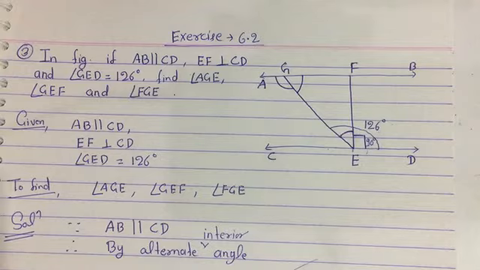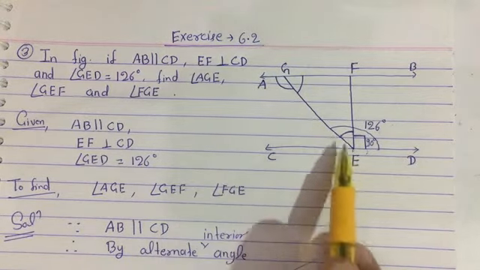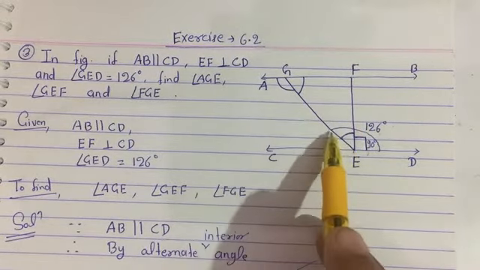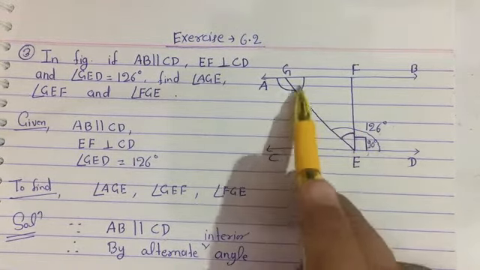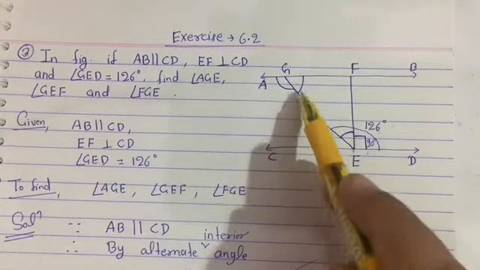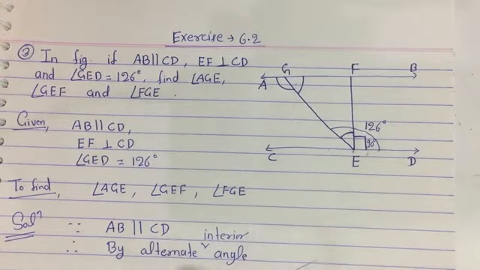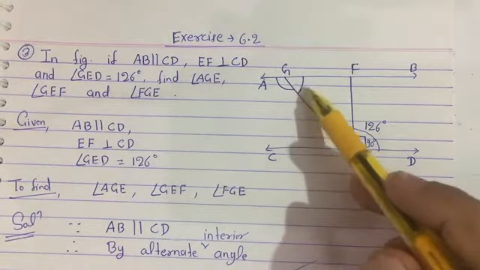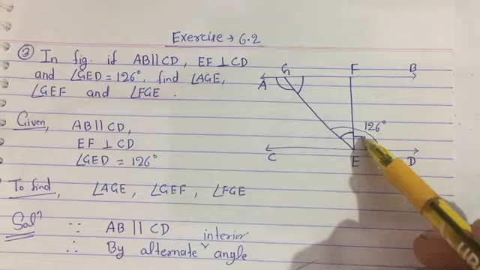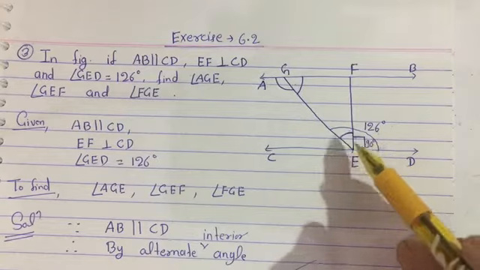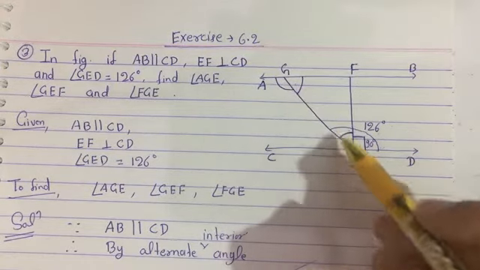Second, this angle and this whole angle, the name of this angle is FGE and the name of this angle is GED. These two angles are interior and on the same side of the transversal. What is the name of these two angles? Co-interior angles. And you know the sum of co-interior angles is 180 degrees, and we know the measurement of this angle, so we can calculate angle FGE.